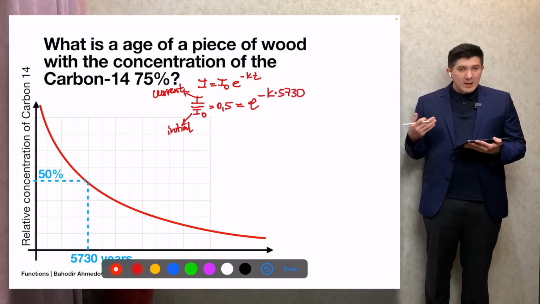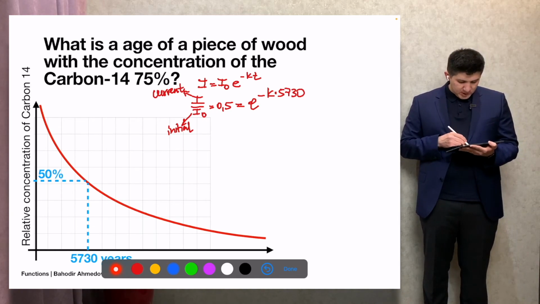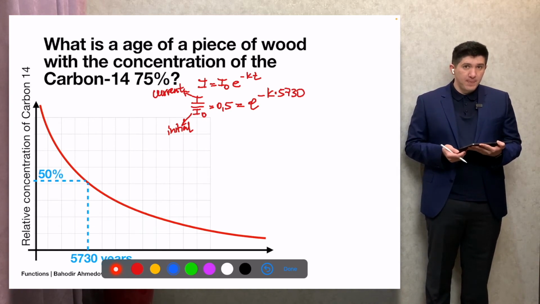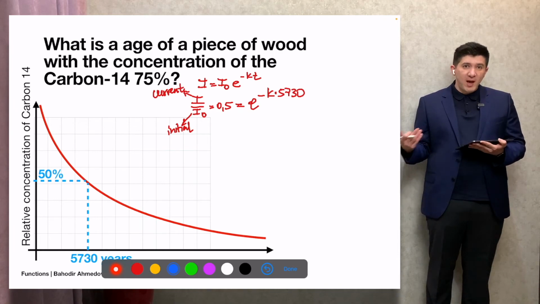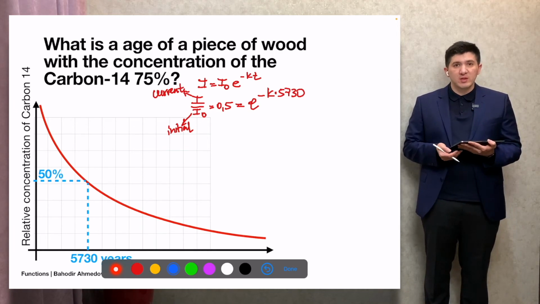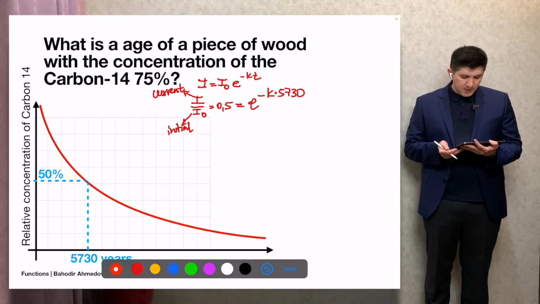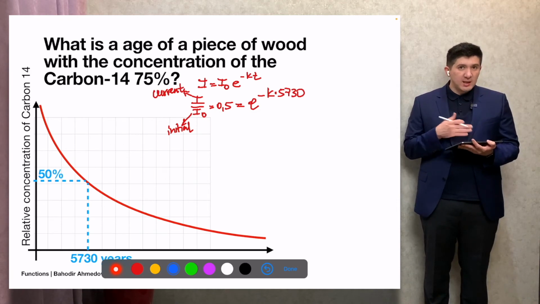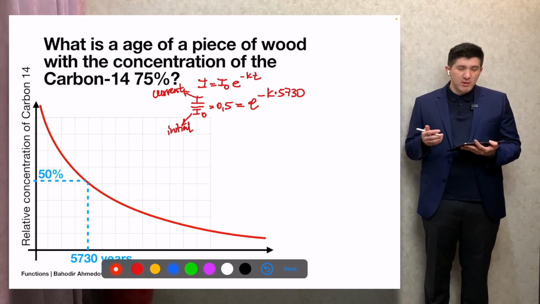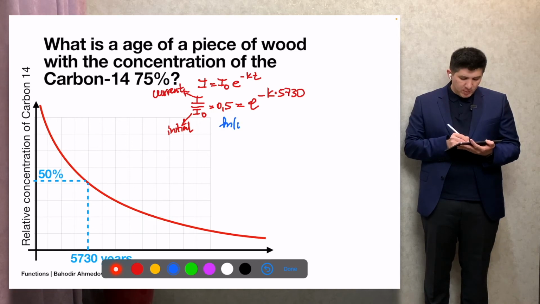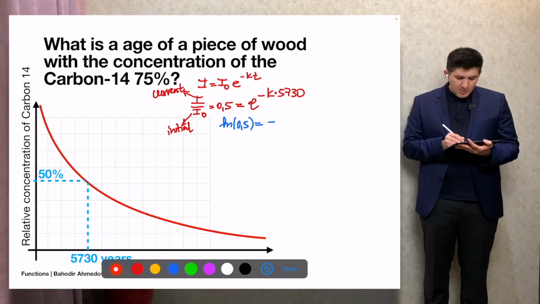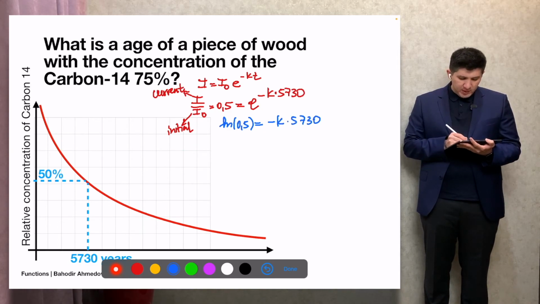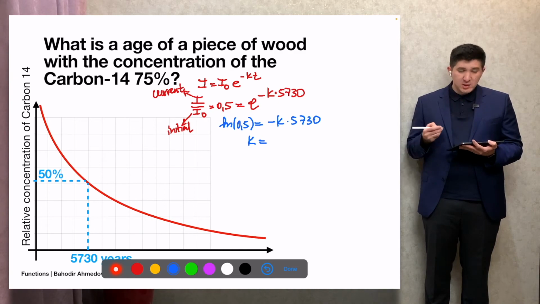Okay, so now I would like to figure out the value of this coefficient k. By just knowing the half-life time, we can always figure out the value of the coefficient k. So I'm just going to take the ln from both of the sides. The ln of 0.5 is going to be equal to minus k times 5,730, and from here we can find k by just using the calculator.